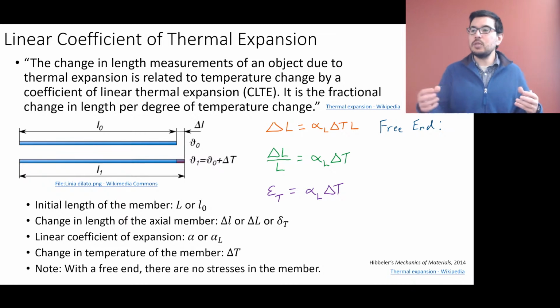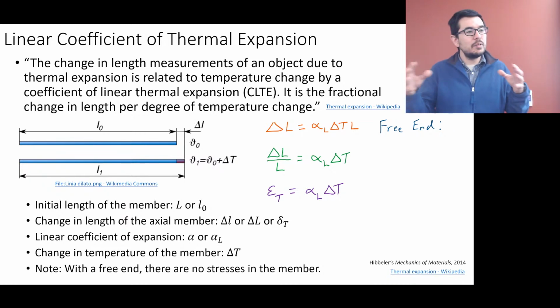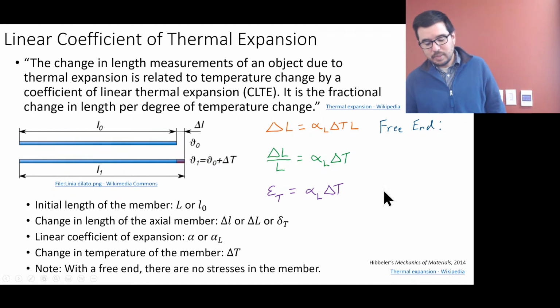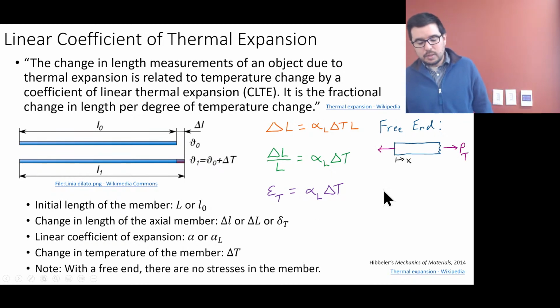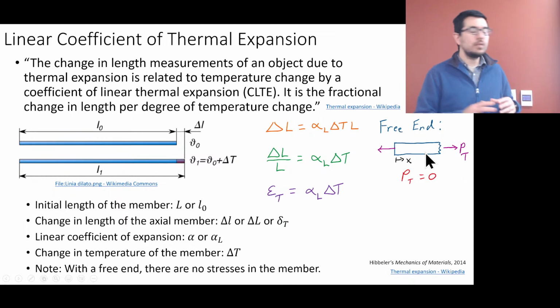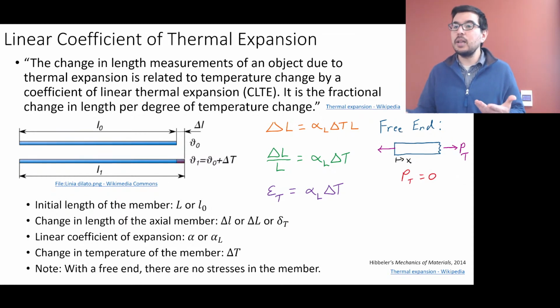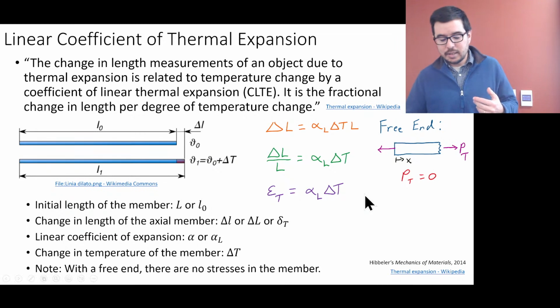So there's no internal stress, but it still gets longer, just with thermal expansion. So if we look at our system and we have a free end, we would just say, hey, the internal stress is 0. But the strain that we're experiencing can be given by alpha L delta T.